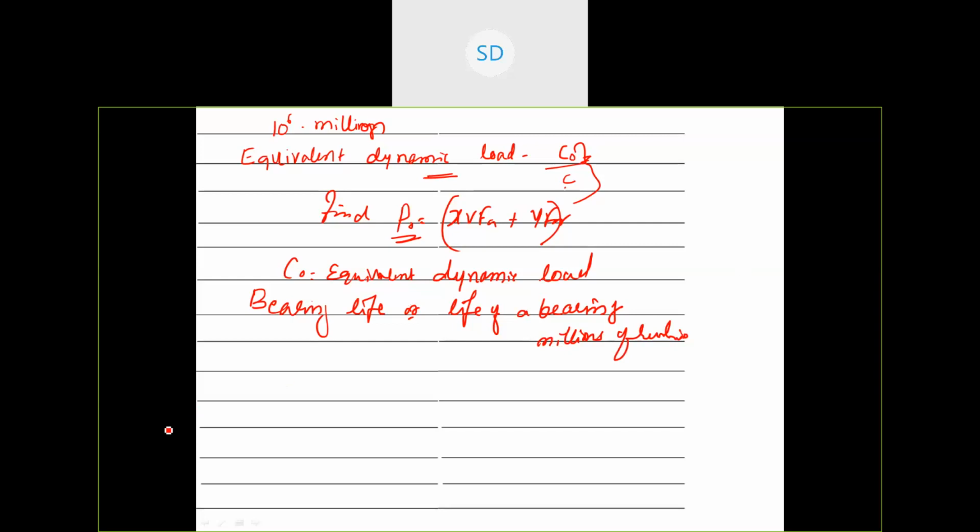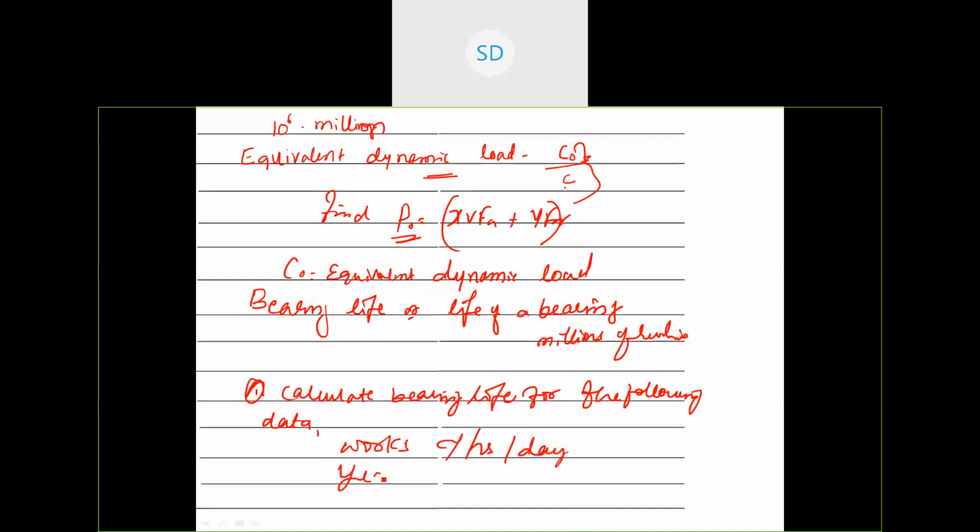Let us take an example here. Calculate the bearing life for the following data. It works 7 hours per day, and it operates for 8 years.